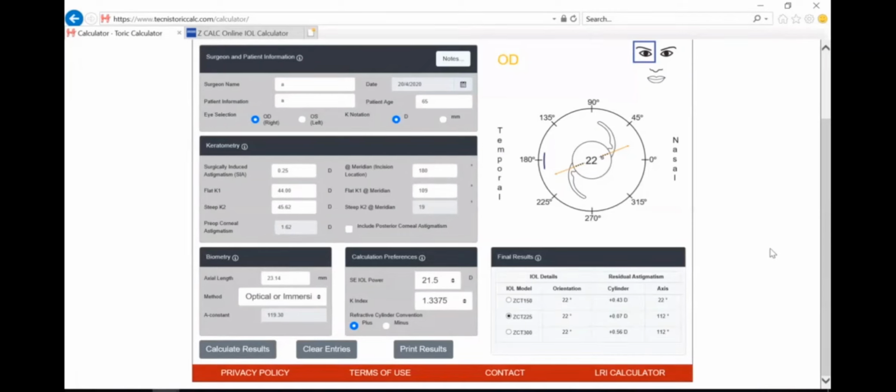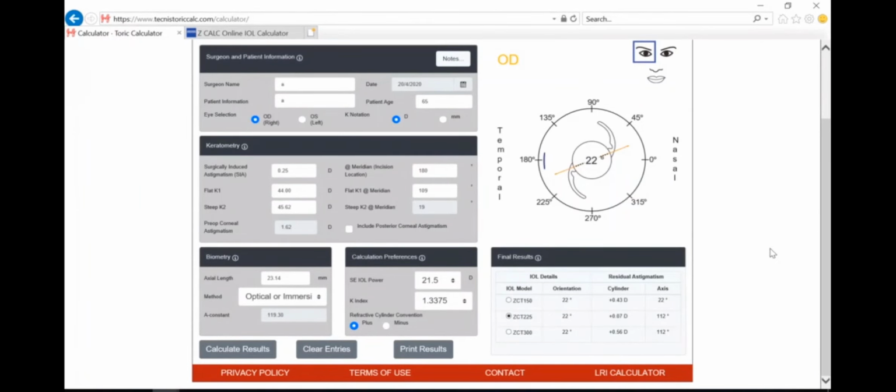So generally what happens is that most patients start with with-the-rule astigmatism, and as they age, it drifts towards against-the-rule astigmatism, right?